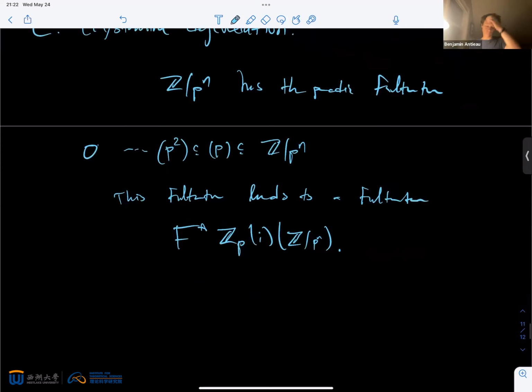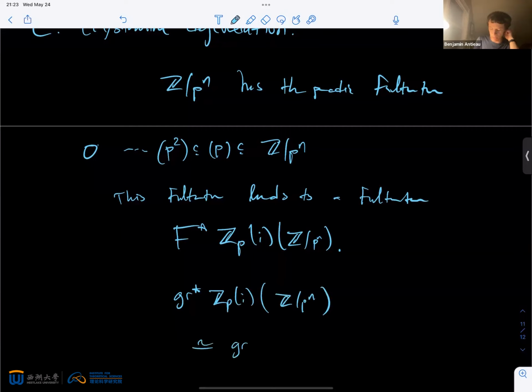So what I'm saying is, the syntomic cohomology of a filtered ring is filtered. Okay, so that's something one can prove. And the crucial point is that the associated graded of this filtration, we still don't know what it is, but it's the same as the associated graded of the corresponding filtration of the associated graded ring.